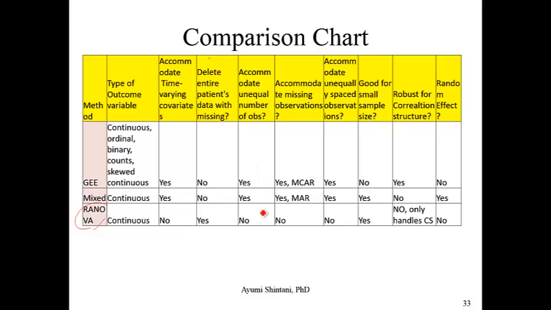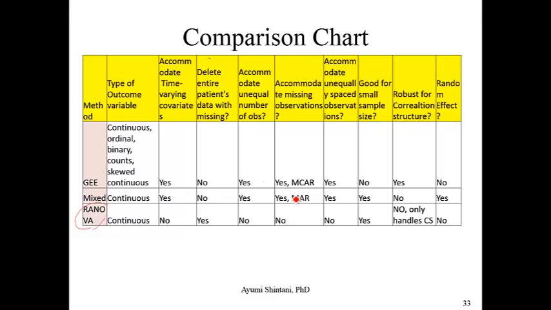That's okay. In RANOVA, it requires horizontally entered data, so the number of repeated measures within a patient has to be the same for the entire cohort.